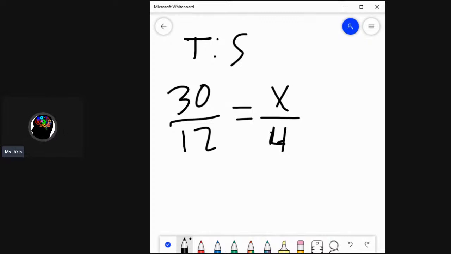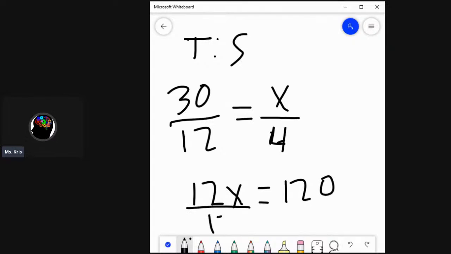So 12 times X, that gives me 12X. 30 times 4, that gives me 120. I divide both sides by 12. And X equals 10.